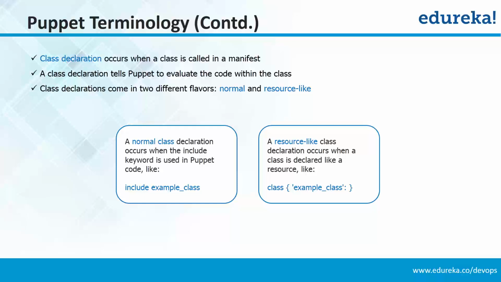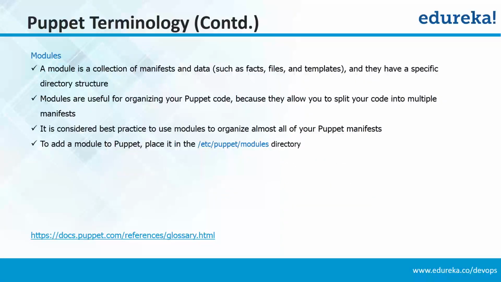It's recommended not to use a normal class declaration. There are cases when you may have to use an include, and where it's relevant, we will point it out to you during the hands-on session too.